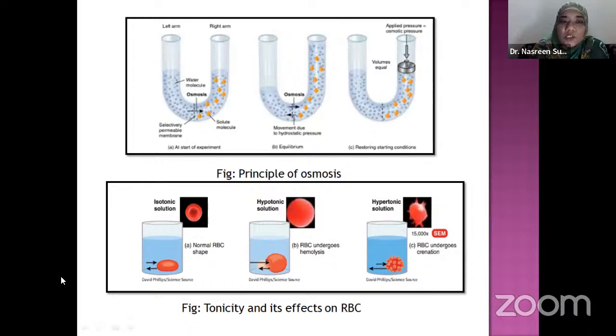An isotonic solution has the same osmotic pressure as our blood. If you put the RBC in normal saline, an isotonic solution, then the RBC will be normal in shape. It will not get destroyed.